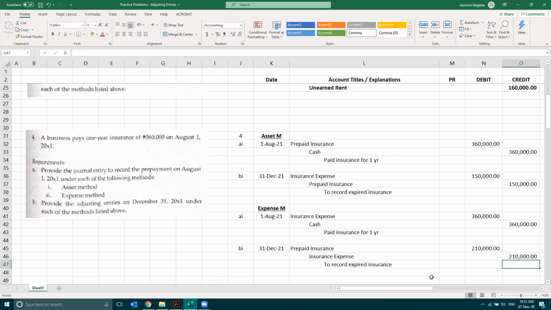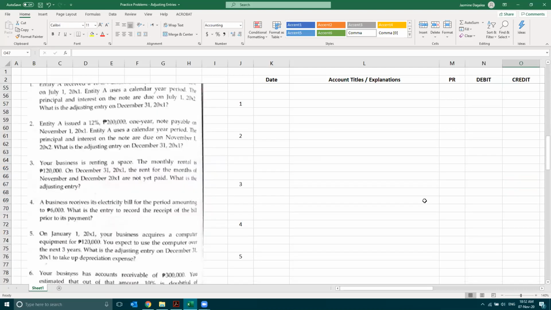You have to check how you recorded it in the first place so that you will know how to adjust your books, and which one is overstated and which one is understated. Okay, are both methods clear to you? Yes, ma'am.